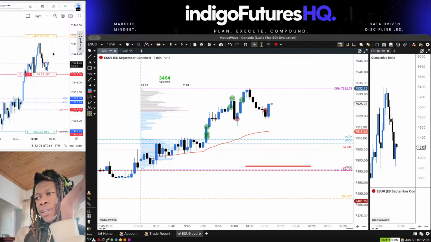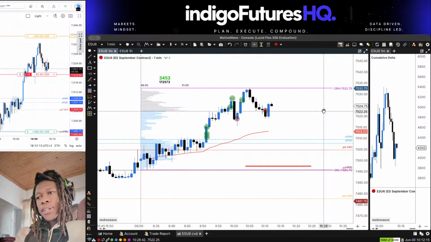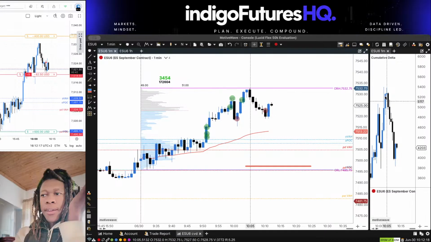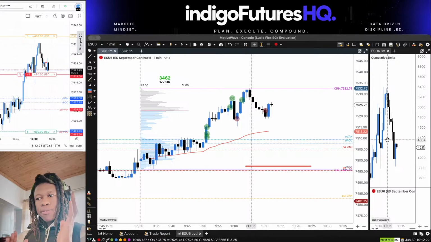My bet was we were rotating, and we're back at the value area high. I'm also looking at the CVD. I'm seeing delta shift, I'm seeing delta change.